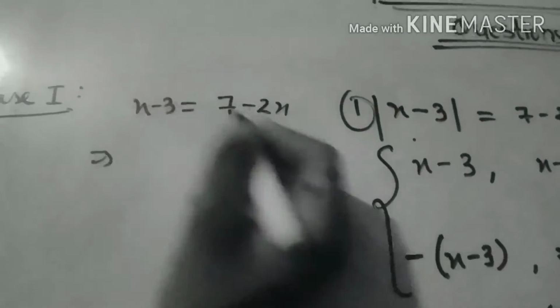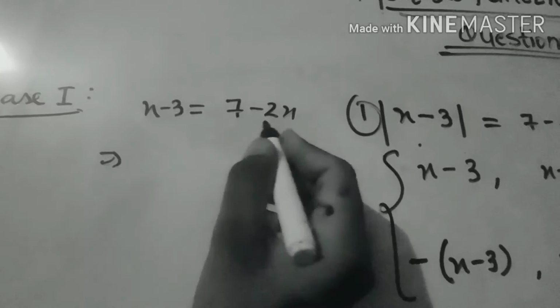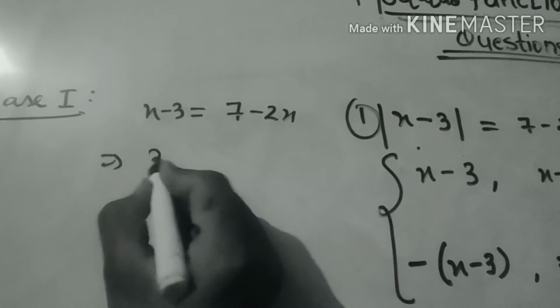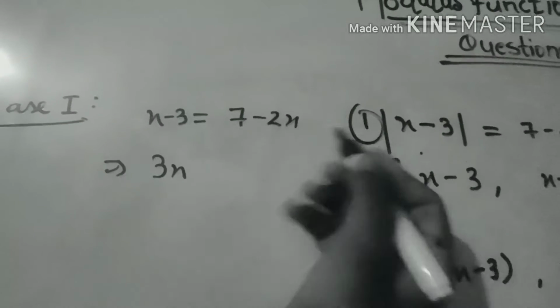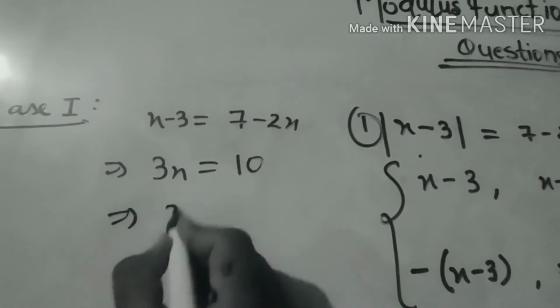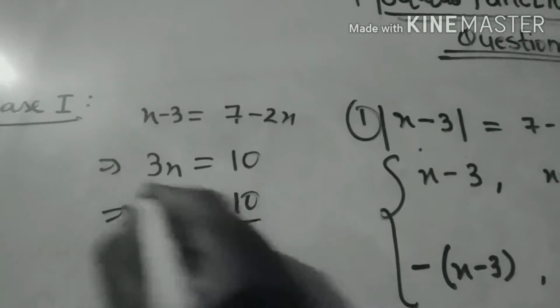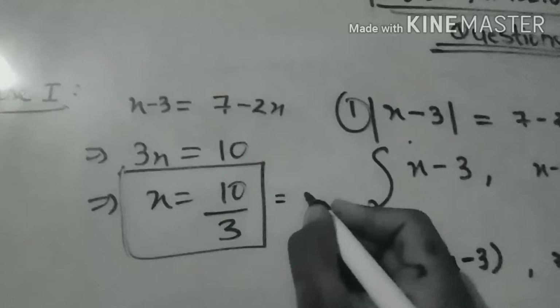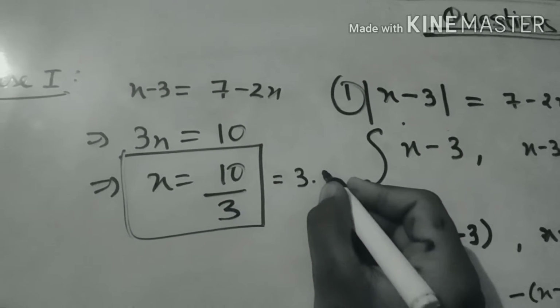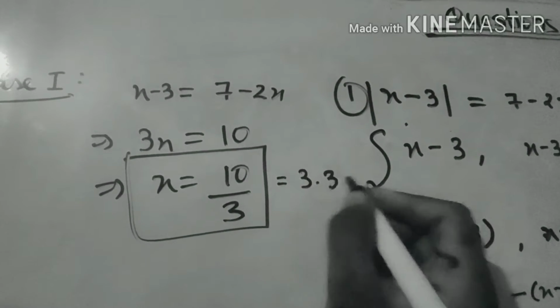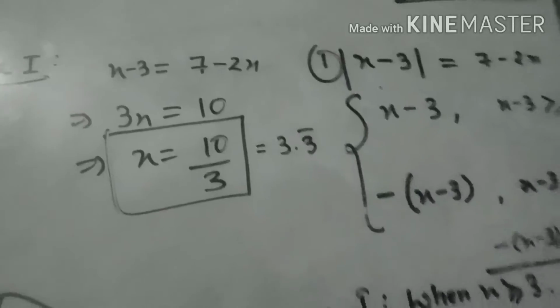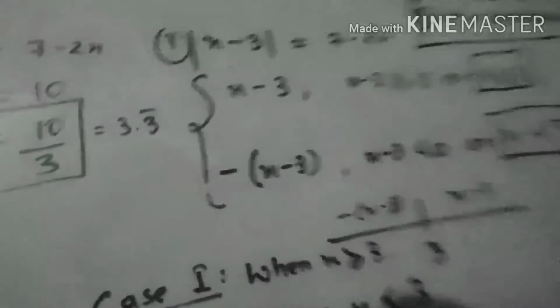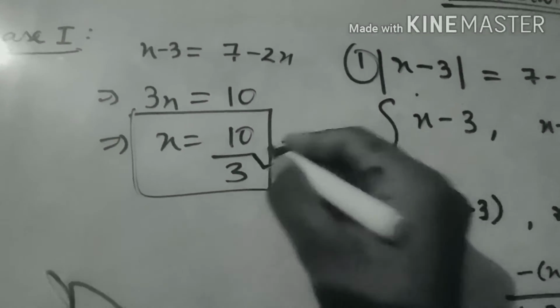Simple, we just change the place: we put 2x this side, it will be 3x, and minus 3 this side will be plus, so 10. So x will be 10 by 3, which can be written as 3.3, which is greater than 3. So this can be the value of x.